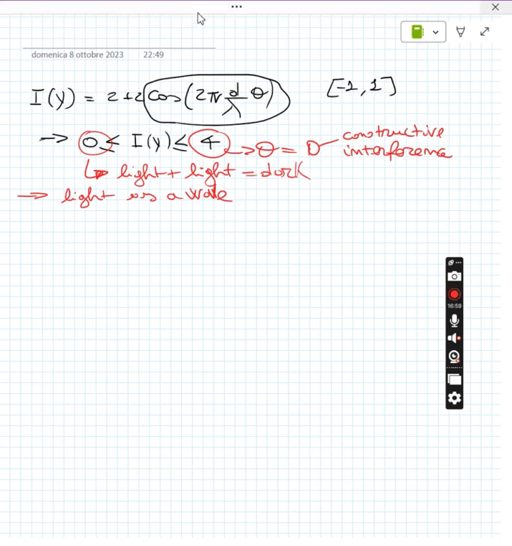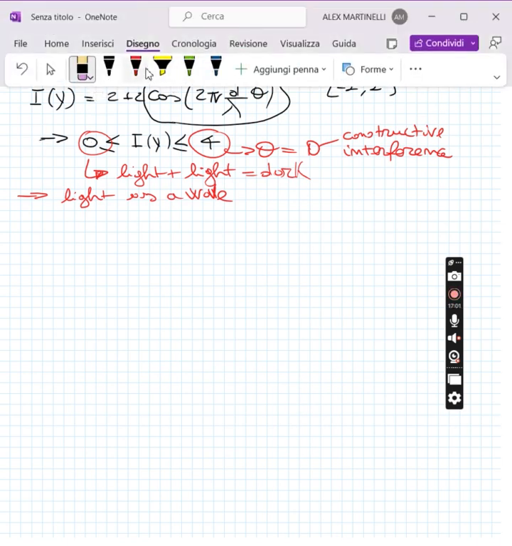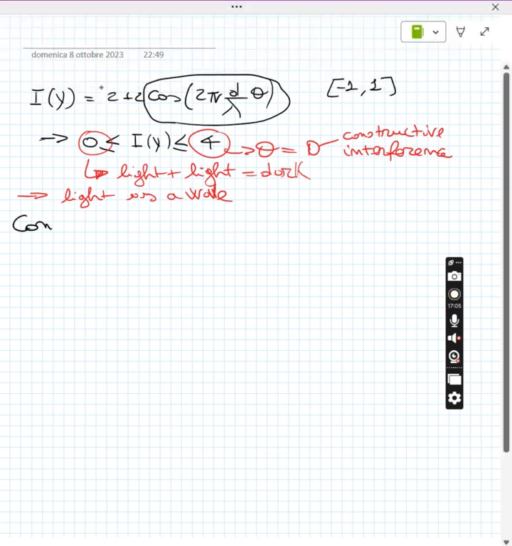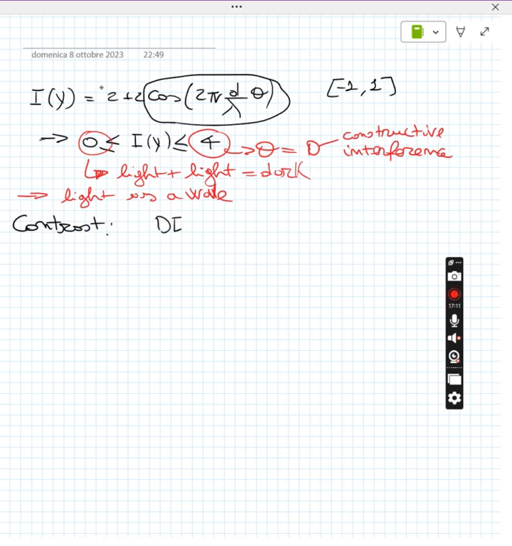Now we need to define an important parameter, the contrast. And it is defined as follows. Imax is the maximum intensity, in this case it is 4.